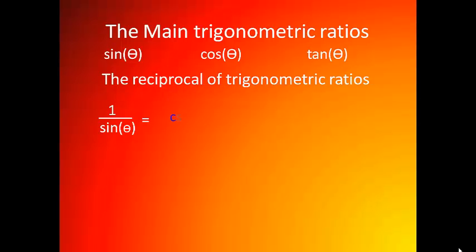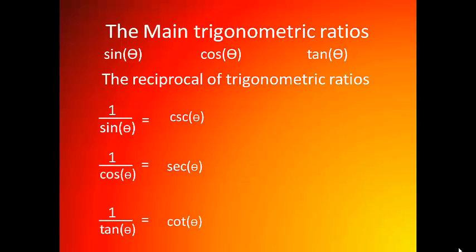So 1 over sine theta equals cosec theta. And 1 over cosine theta is equal to sec theta. And also 1 over tan theta is equal to cotan theta.